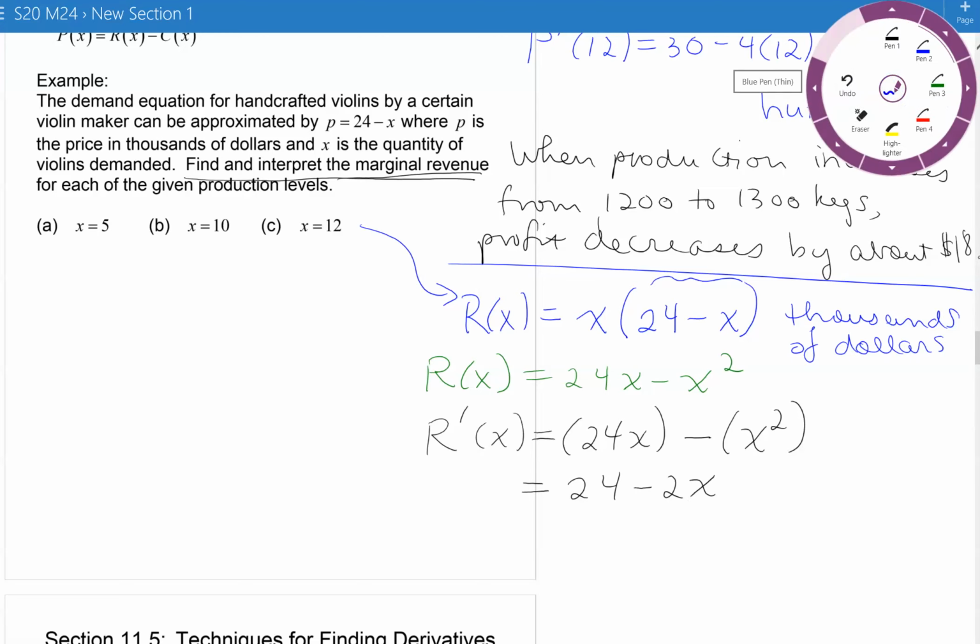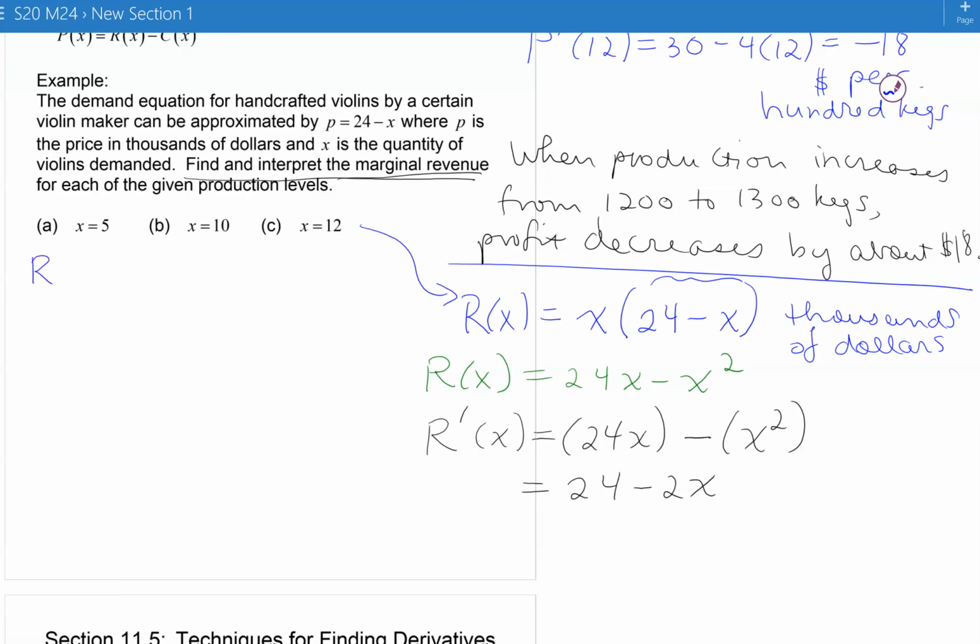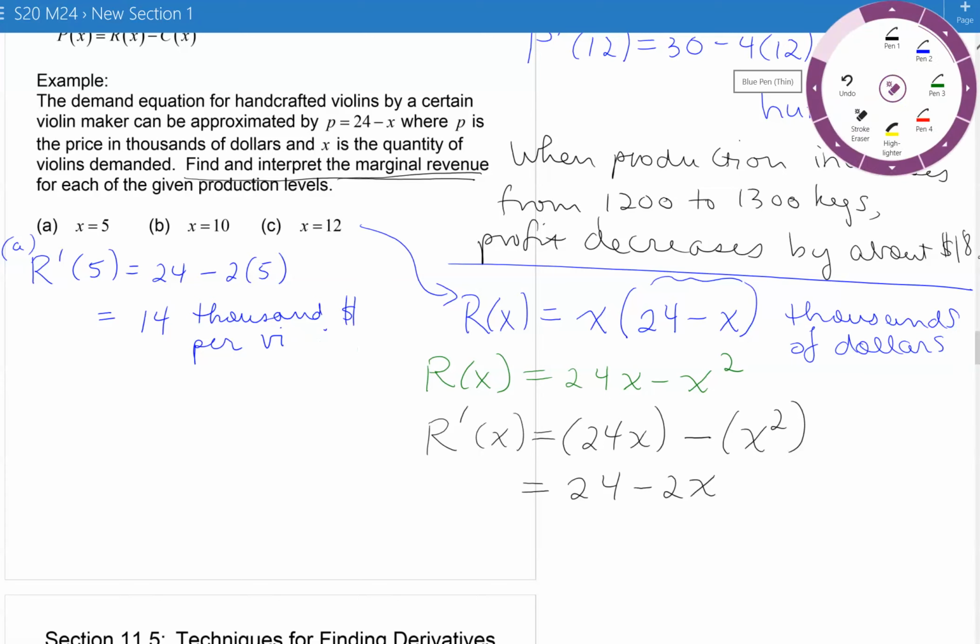So when x is 5, we're being asked to find r prime of 5. So that's going to be 24 minus 2 times 5. So that's going to be 14. And it's going to be the units of revenue, $1,000 per x is measuring the number of violins. $1,000 per violin. These are some pretty nice violins.